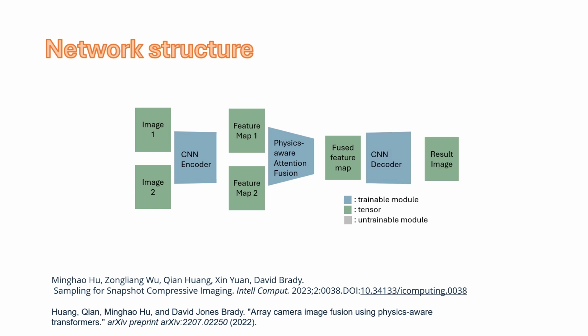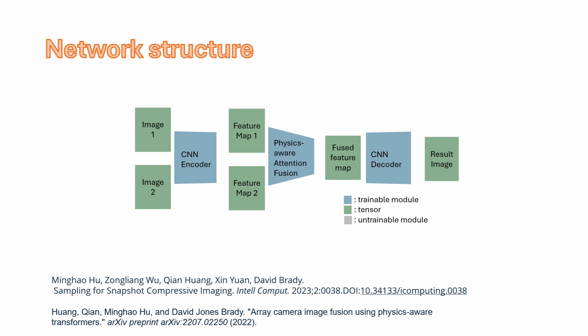Here we were referencing a couple of papers from my group where we used physics-aware transformers. So the physics-aware part means that the cameras are aware of which features are coarsely aligned in the same space. We have to do camera registration in order to coarsely align the feature maps, and then from the feature maps we use a transformer architecture to recreate a combined feature map that we can use to generate the image.